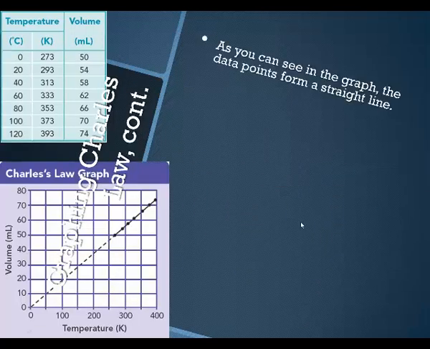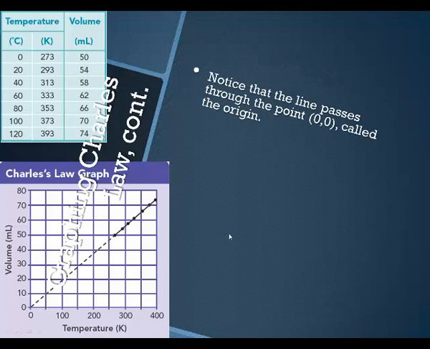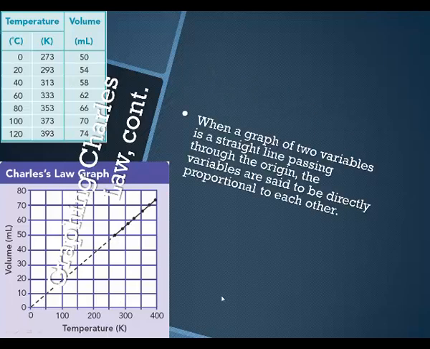As you can see in the graph, the data points form a straight line. Notice that the line passes through the point 0, 0. 0, 0 is called the origin. If we were to continue this line all the way down, it would pass through 0, 0. When a graph of two variables is a straight line passing through the origin, the variables are said to be directly proportional to each other.